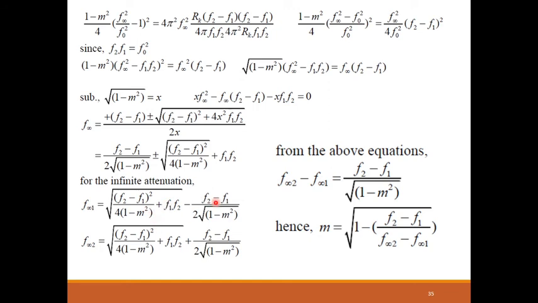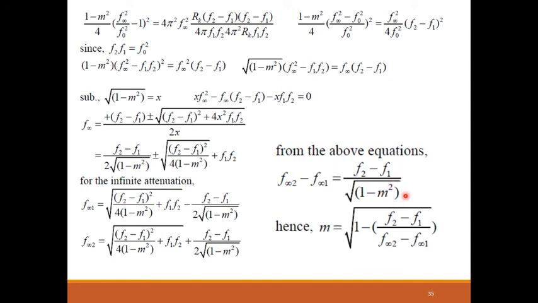So from this expression, f infinite 2 minus f infinite 1 should be equal to f2 minus f1 divided by the square root of 1 minus m square, because the second term, that's f infinite minus f infinite 1, this term gets cancelled. The remaining term is only this, that is f2 minus f1 divided by square root of 1 minus m square.